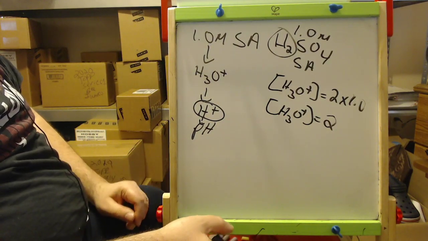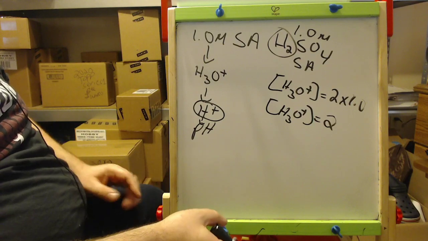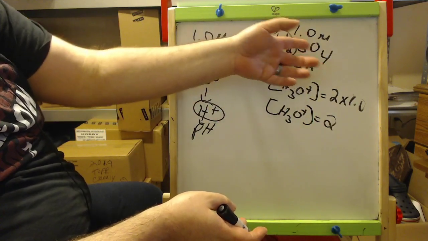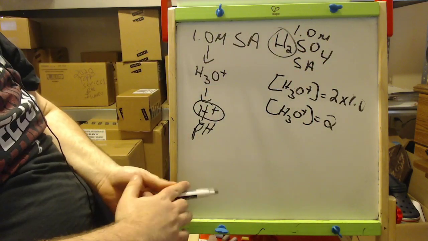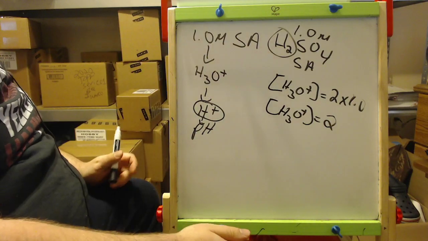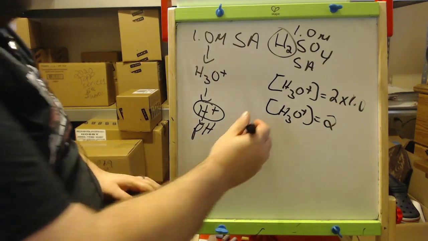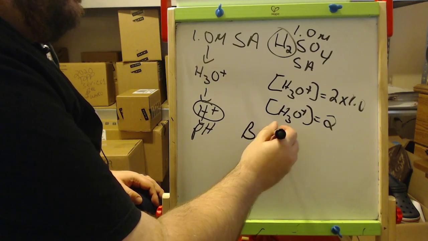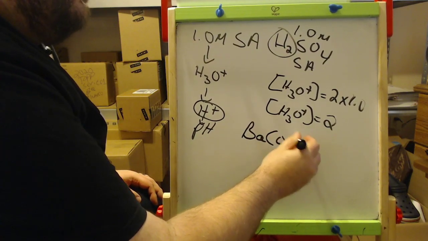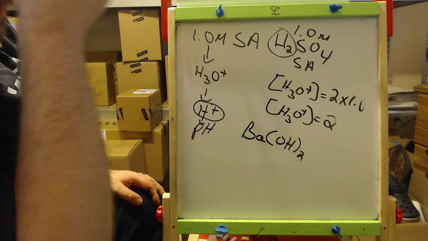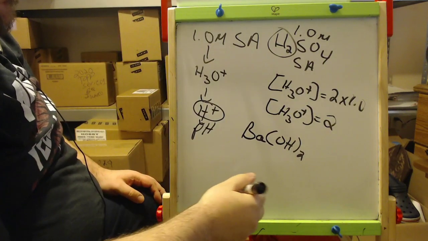Because we're really looking at how much hydronium I can make, and I can make twice the amount of hydronium to the H2SO4 because I'm going to have 2 hydrogens there. So we have to take that into account in the homework problem, which I was considering sodium hydroxide in my head when we first started doing the math, even though I wrote barium hydroxide down there.